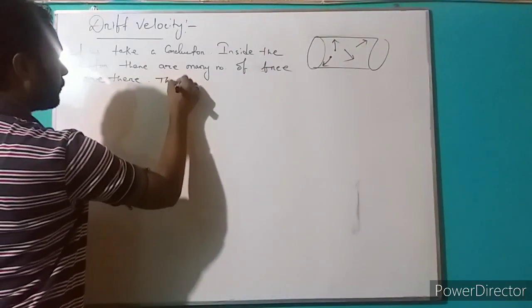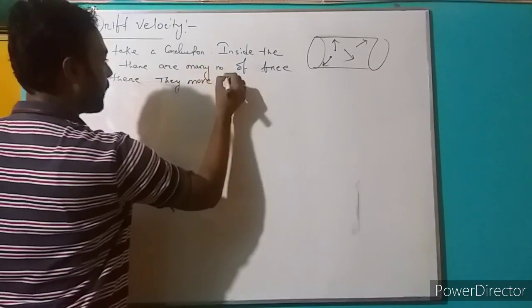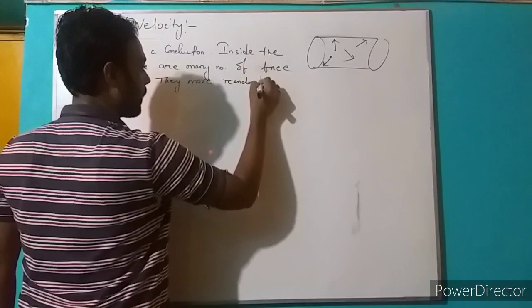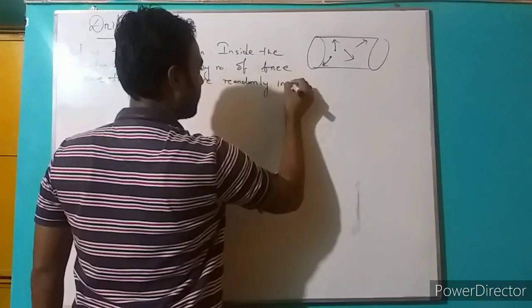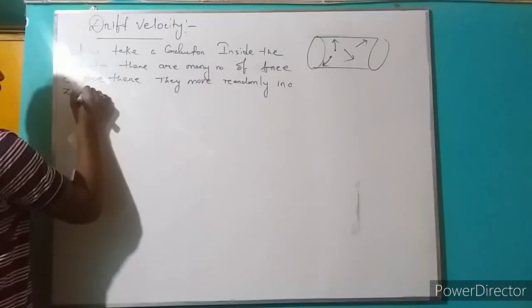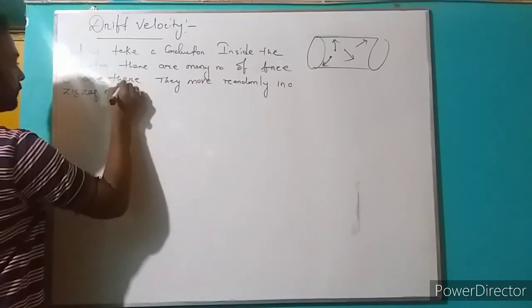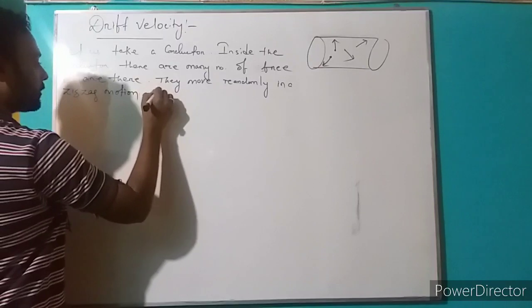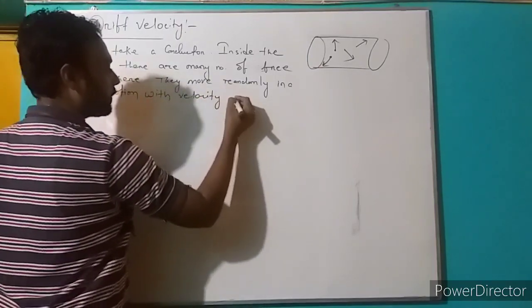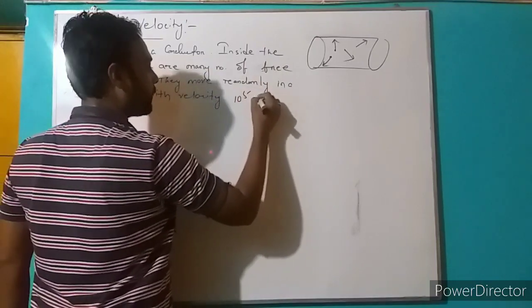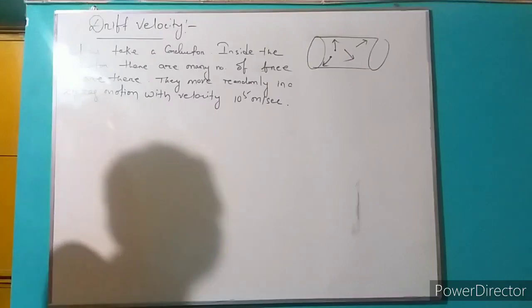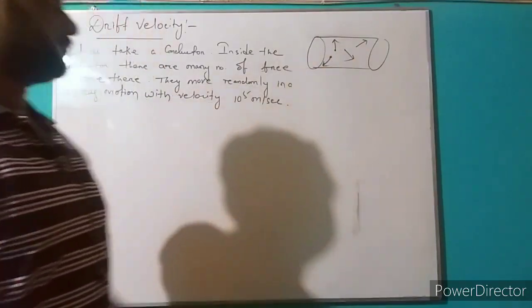They move randomly in a zigzag motion with velocity 10 to the power 5 meter per second. Clear? Please note it. So this is the conductor.